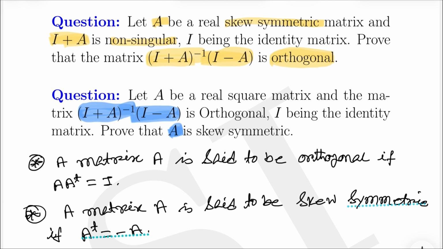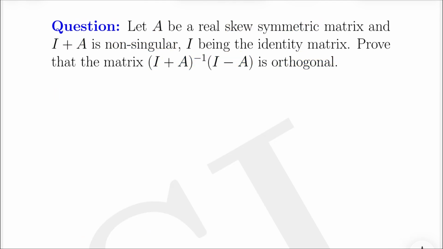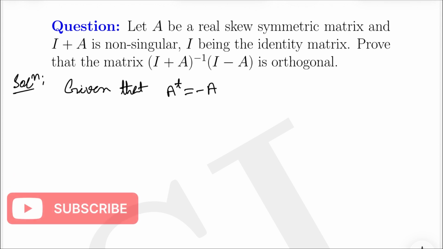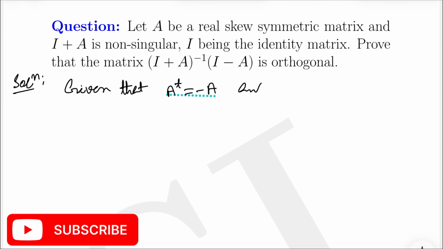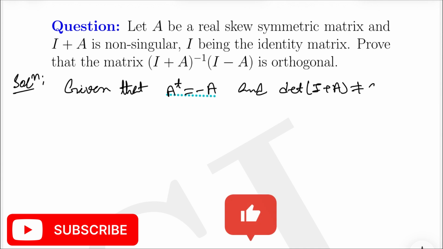Now go to the first problem. The first problem is: given that A is a real skew symmetric matrix and I plus A is non-singular. So the solution: given that A transpose is equal to minus A because A is skew symmetric, and the determinant of I plus A is non-zero because I plus A is non-singular.